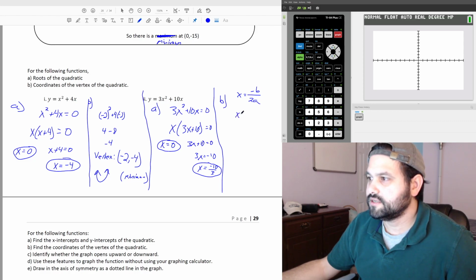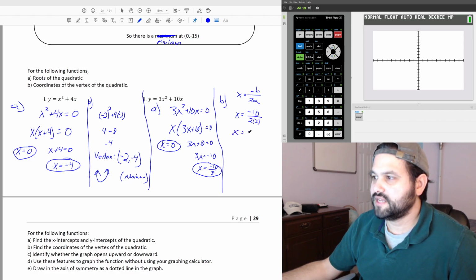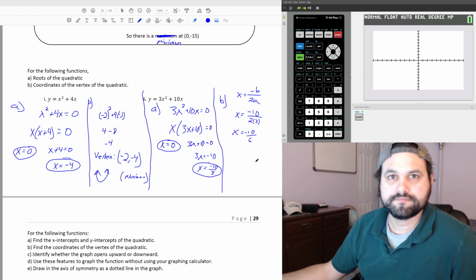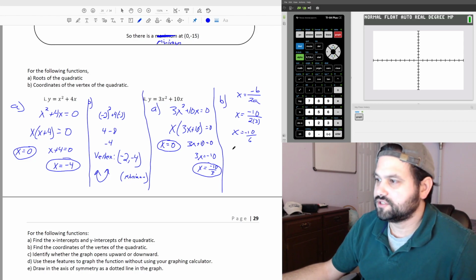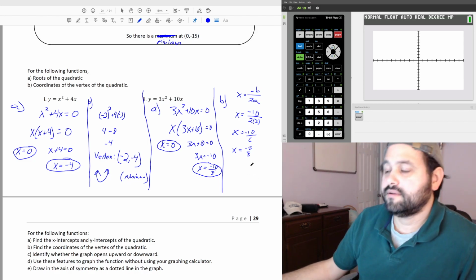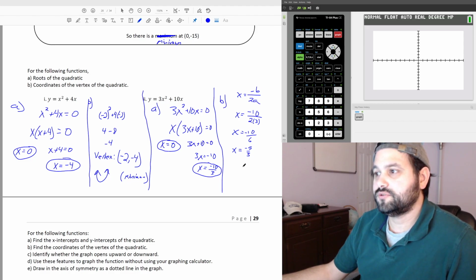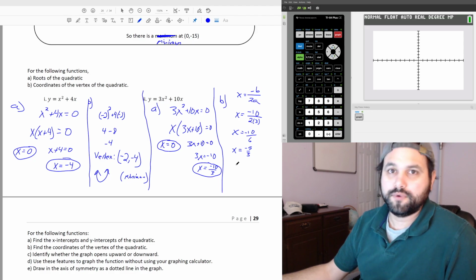So x equals -10 over 2 times 3. And so the x value is -10/6, which reduces to -5/3, which can then be plugged into the function to evaluate this and figure out what the y value is.